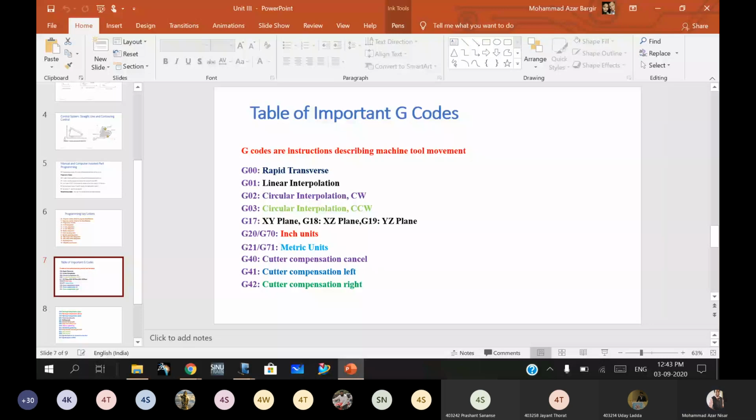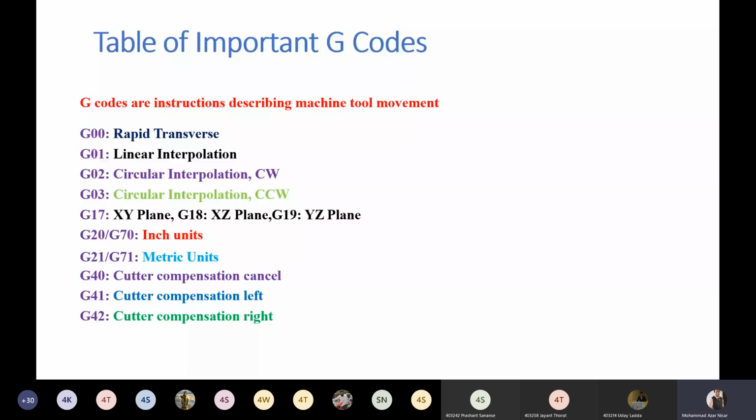The unit you are going to use, this 20 and 70. G20 is used for inch units. In European countries, instead of metric units, they use inch units, so for that machine they use this G20. Again, G70 is given.